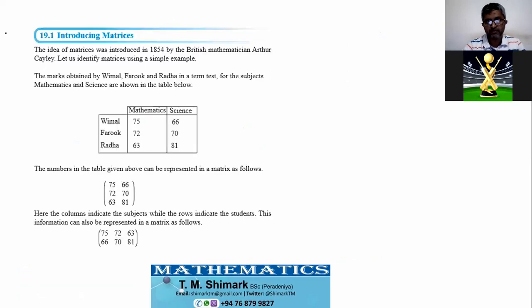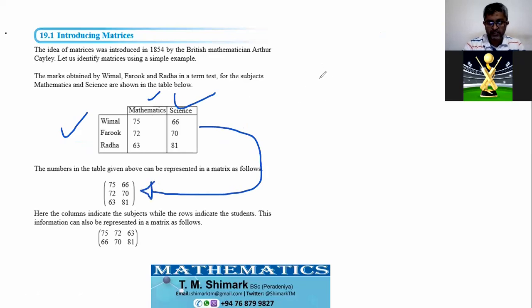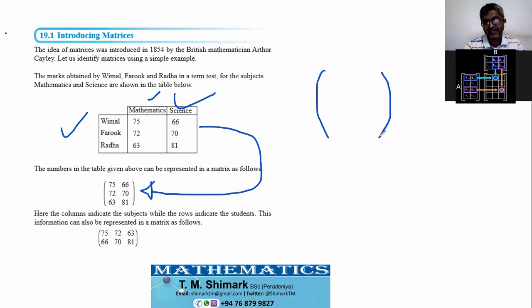Now we have data like this. Three people have got marks for maths and science. These scores can be represented by a matrix. We represent a matrix like this in a bracket.